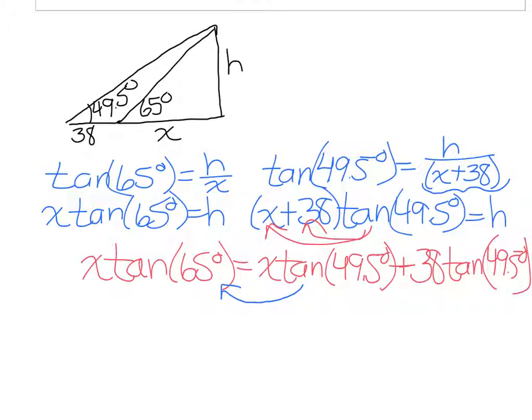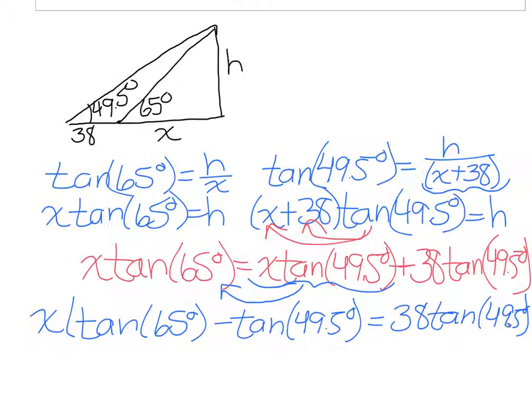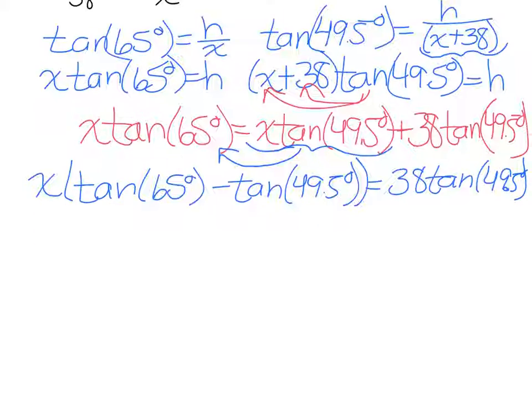So imagine subtracting this term and then factoring out the x, and that will leave me with x times the quantity, the tangent of 65 degrees minus the tangent of 49.5 degrees, equals 38 tangent 49.5. The algebra isn't really that hard on these problems, it's just that it's cumbersome. And I need another parenthesis there. Okay, I'll move this up.